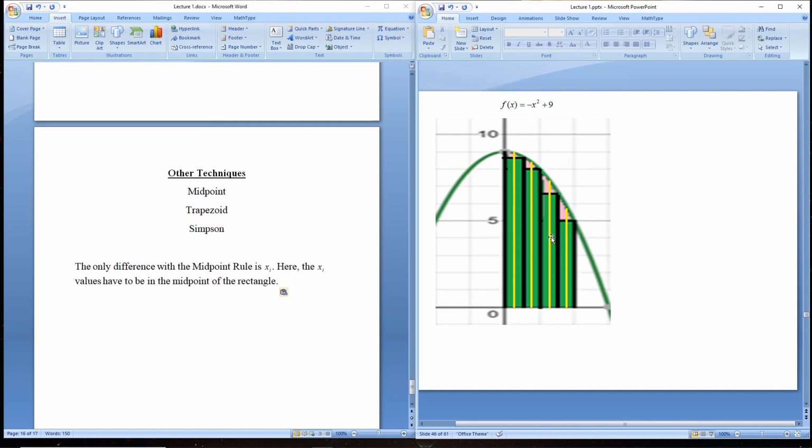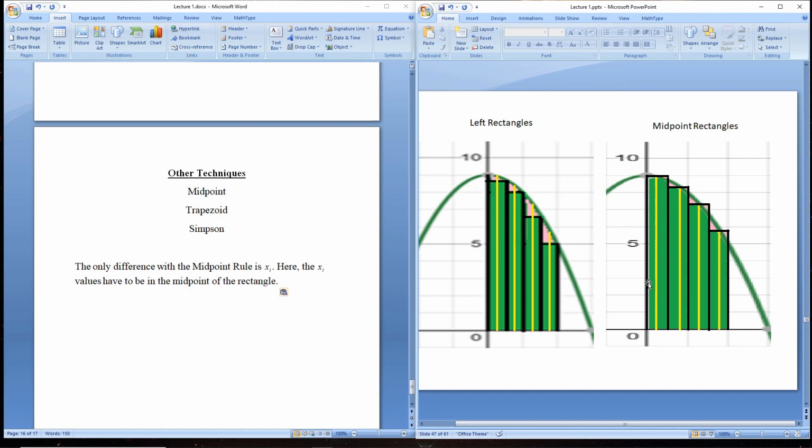Now, what's nice about the midpoint rule is that there's only one way to draw a rectangle, and that's like this over here. So I'm comparing these two pictures of what our left rectangles look like and what midpoint rectangles look like. And if you notice with the midpoint, the pink is getting really small here because the midpoint is more accurate.